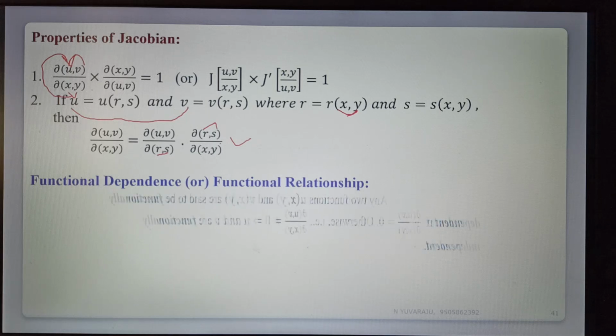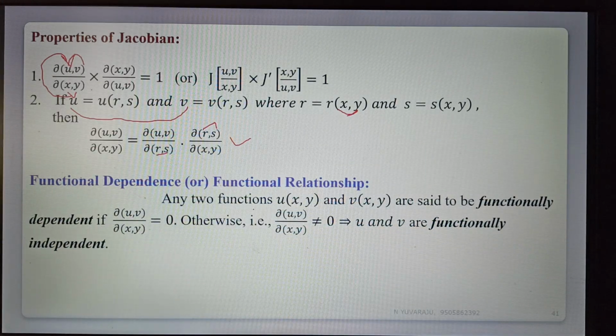Any two functions u and v in x and y are said to be functionally dependent if ∂(u,v)/∂(x,y) is equal to 0, that is, the Jacobian of u and v with respect to (x,y) is equal to 0.